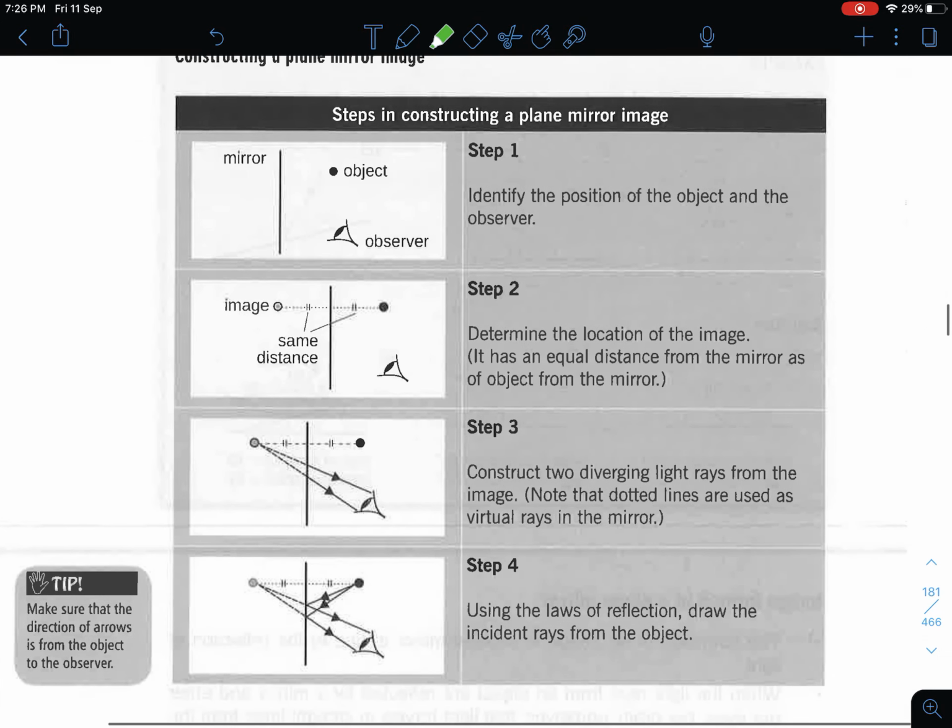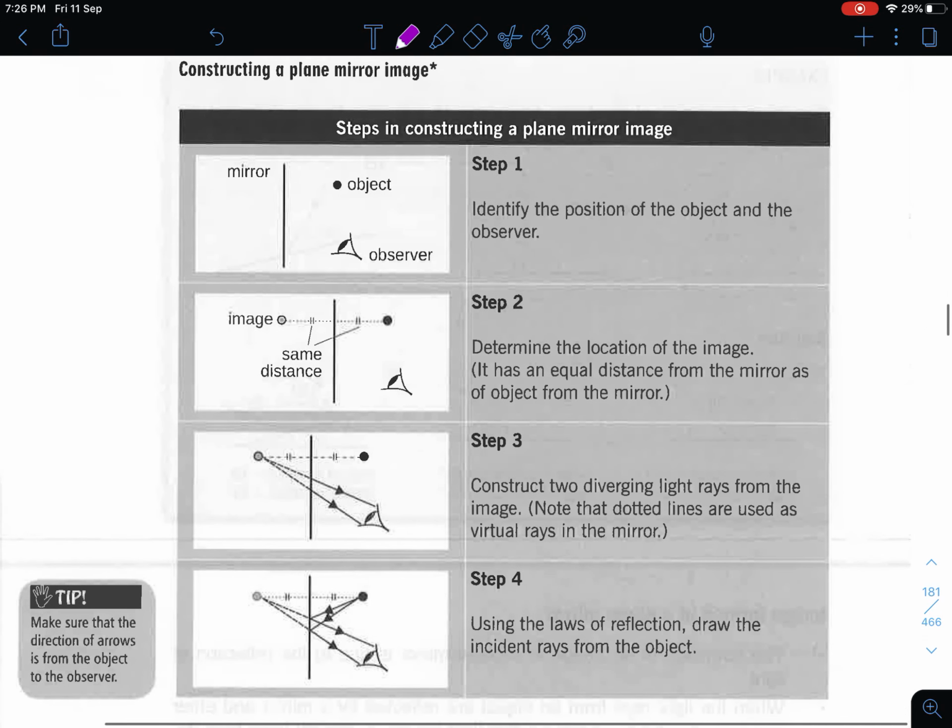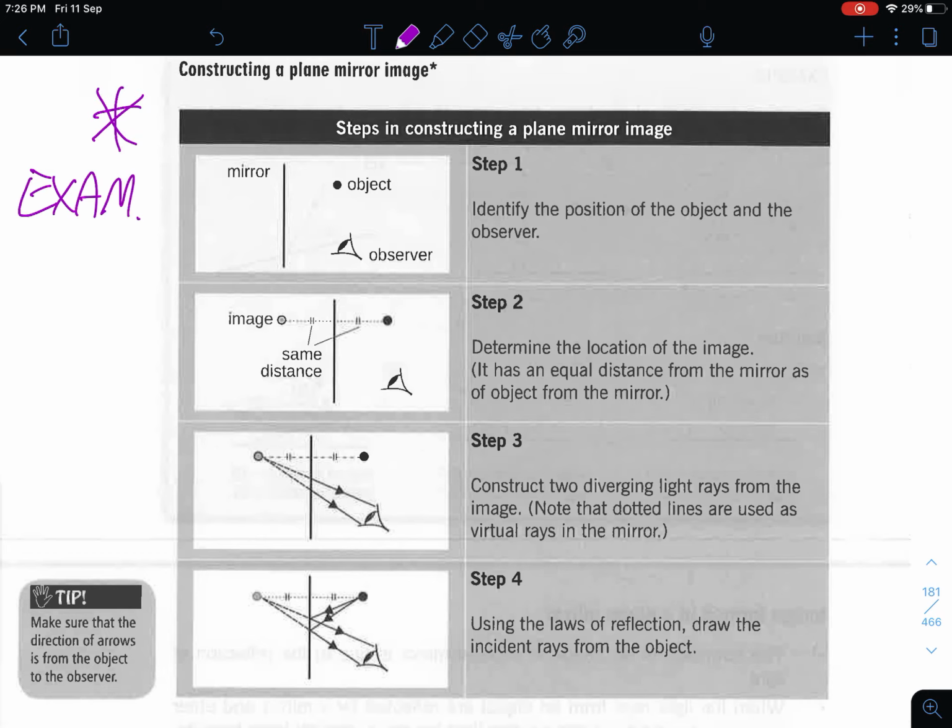Now, what are the steps to actually draw the image in a plane mirror? This one is very important. This is usually an exam question. So the first step is to measure the distance between the two locations, where you first identify where the object is, and based on the object you measure the distance. So they both have the same distance with reference to the plane mirror.